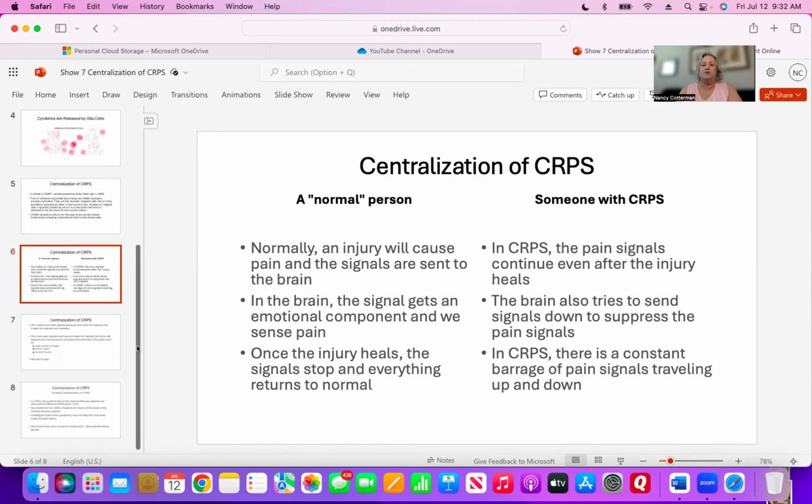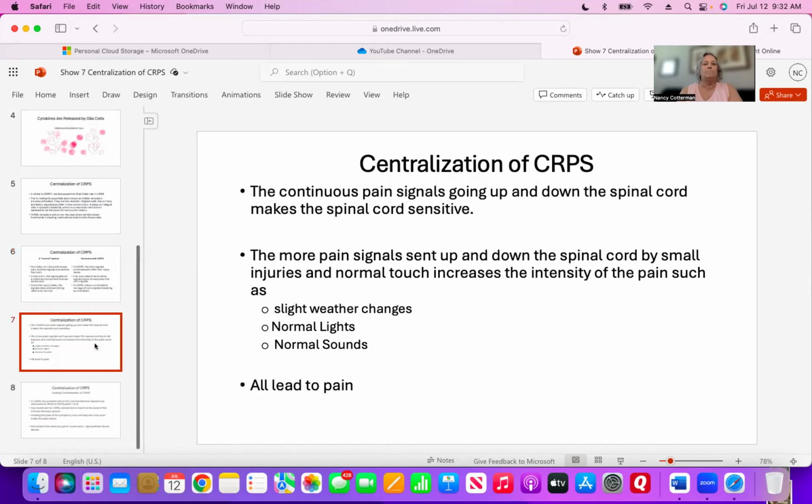The brain also tries to send signals down to suppress the pain signals. In CRPS, there's a constant barrage of pain signals traveling up and down the spinal column. As these continuous signals are going up and down the spinal cord, it makes the spinal cord sensitive.